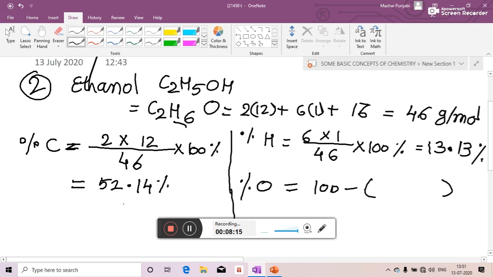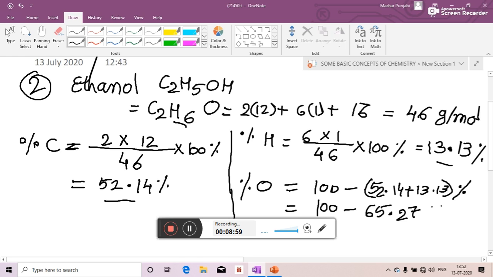So in the bracket we will write 52.14 plus 13.13%. So that is equal to 100 minus, the sum of 52.14 and 13.13 is 65.27.